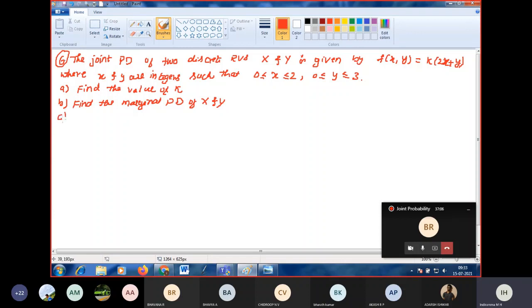Third question, show that the random variables x and y are dependent.